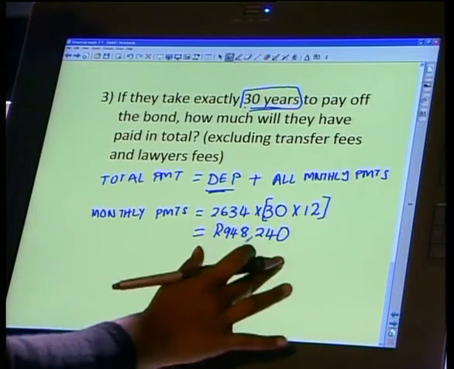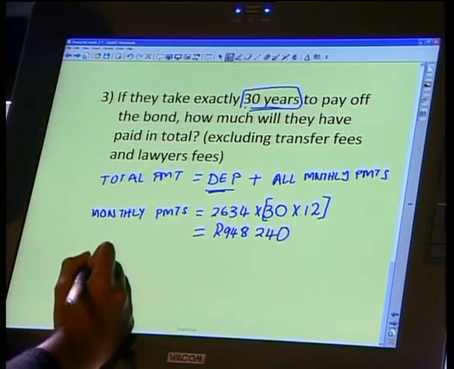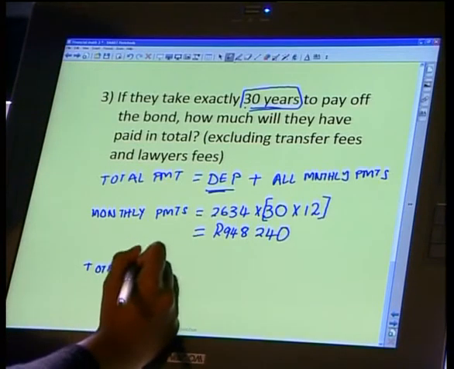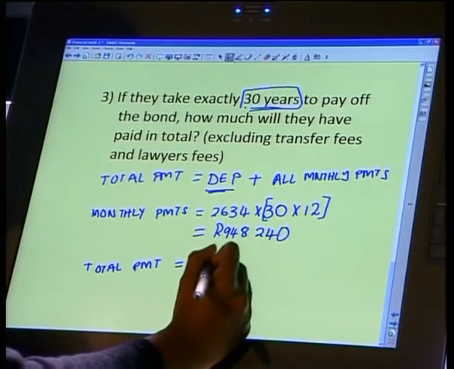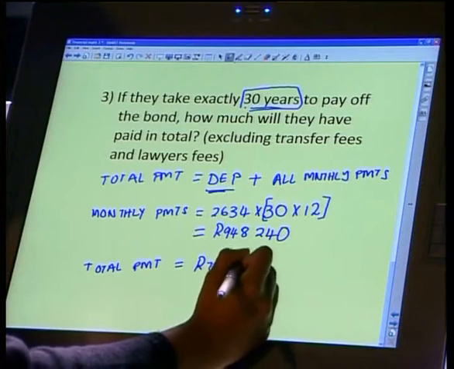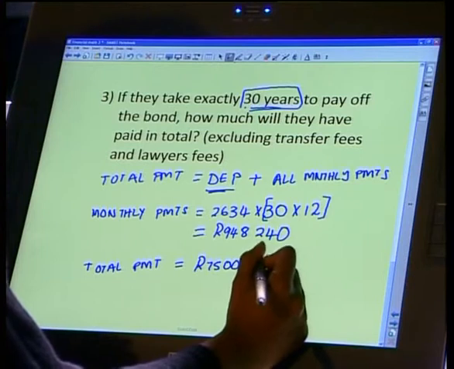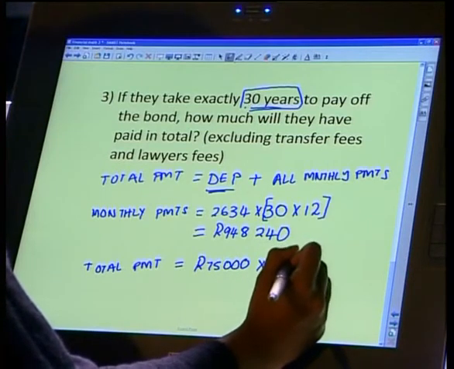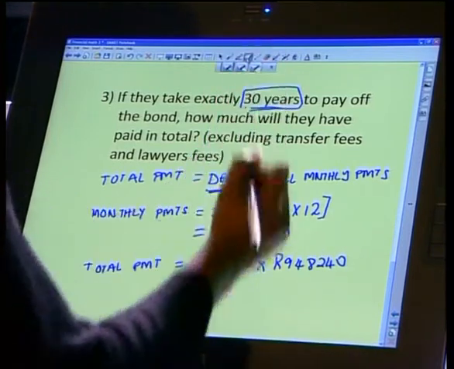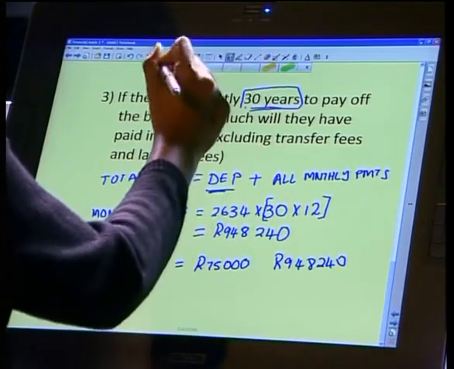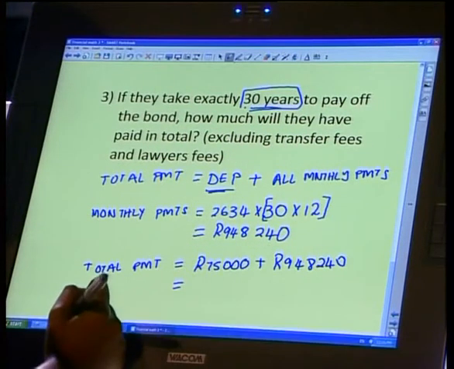But remember, this is not what they're going to pay in the end, because we still have to add on the deposit. So the total payments, remember they paid a deposit of 75,000 Rand, which we worked out in the beginning, which was 20% of the home loan amount, plus 948,240. Okay, and let's see what they're going to pay in total.